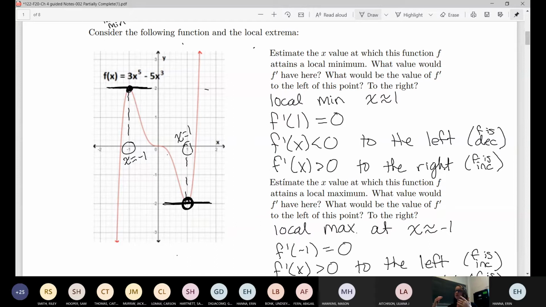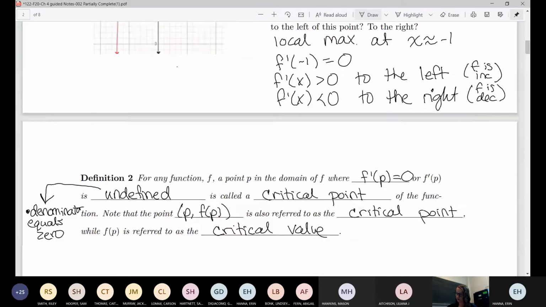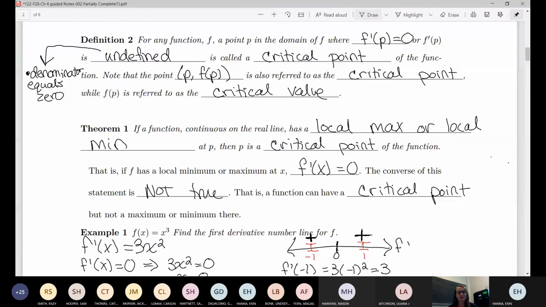So at these maxes and mins, our derivative is 0, and that's one of the options for our critical point. So we know that's where the maxes and mins are going to be and nowhere else, because the derivative has to be 0 there. It could also potentially be undefined, but that usually never gives you a local max or a min. It gives you a different point of interest.